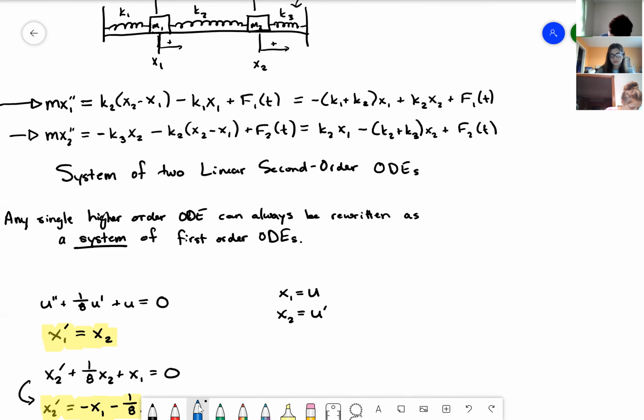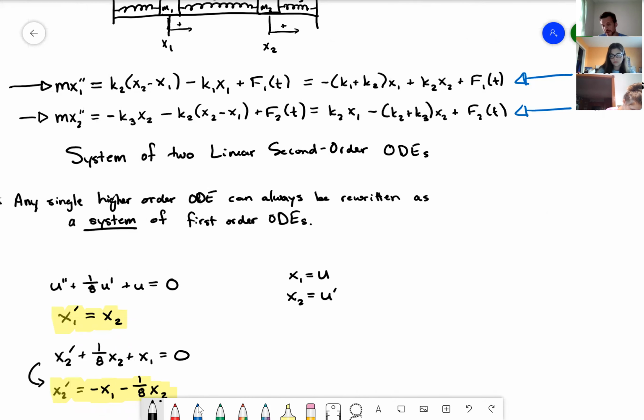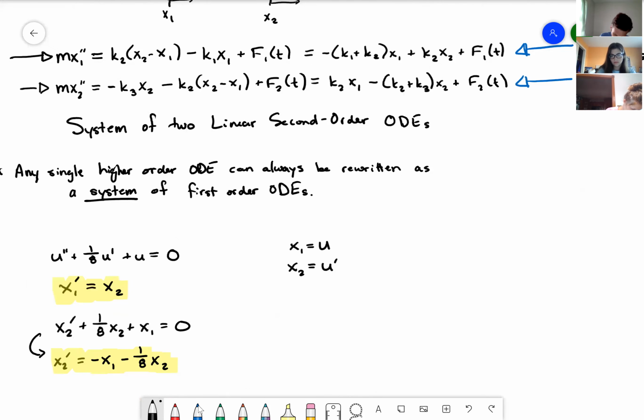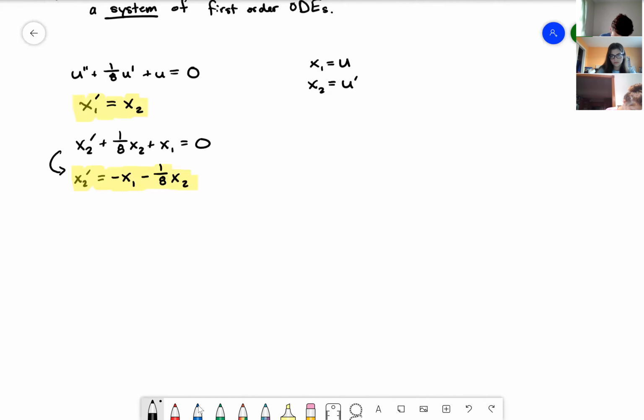What we could do is take each of these second order ODEs and transform them into two first order ODEs. So we can transform these into a system of four. This system of two second order ODEs can be transformed into a system of four first order ODEs.